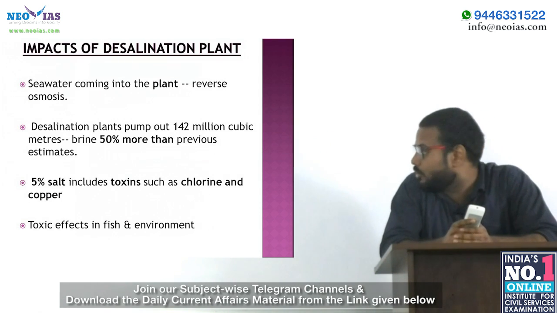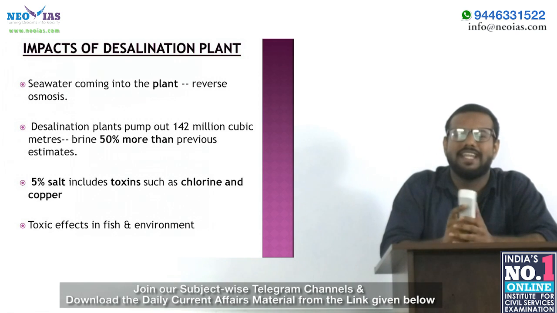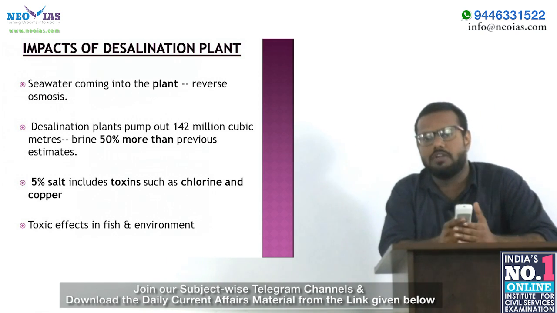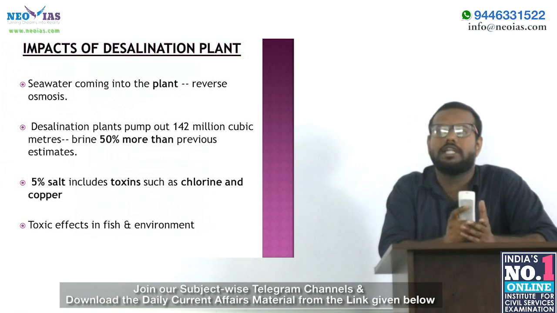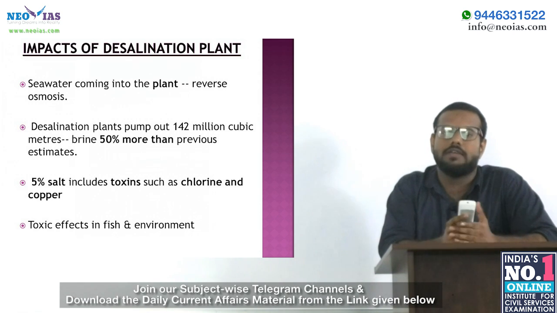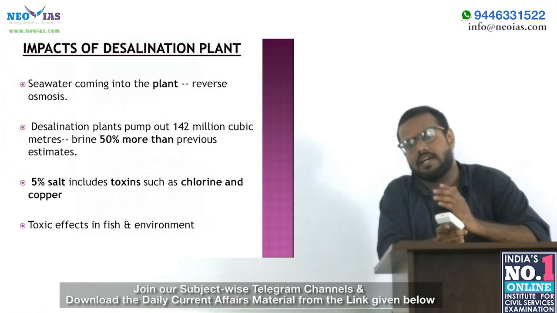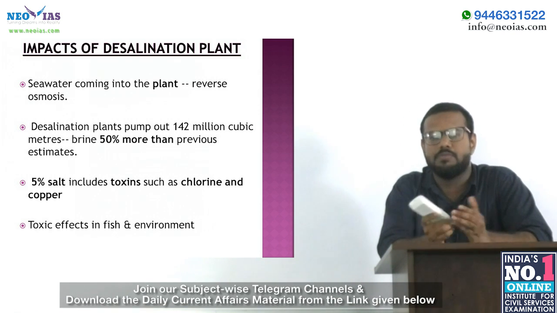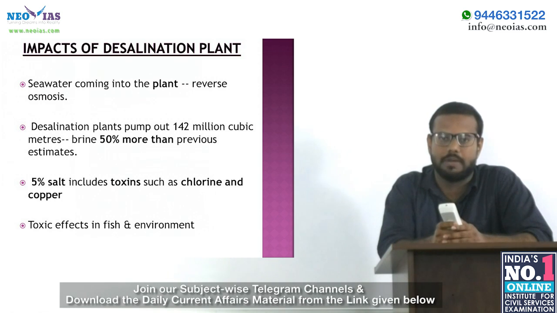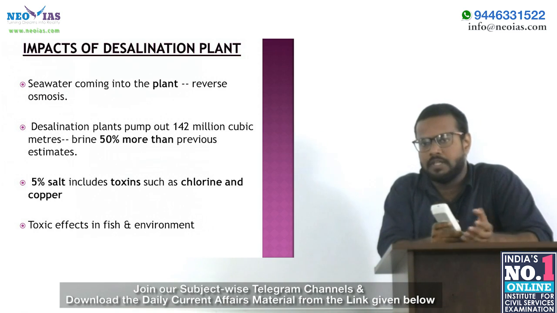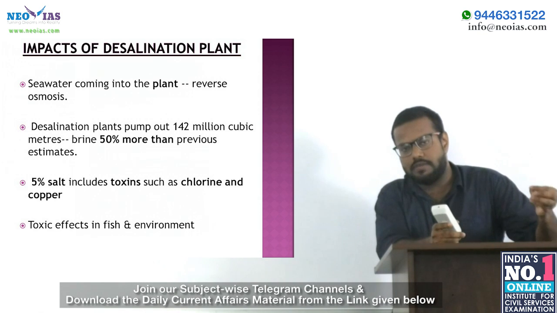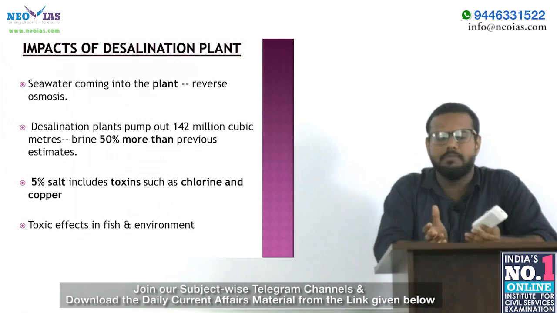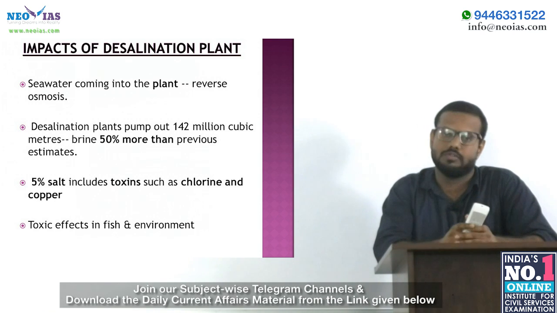And our next news is about the impacts of desalination plants. According to the study, desalination plants worldwide produce highly salty water and toxic chemicals which are discharged into the sea. I hope you are familiar with the desalination plant. Seawater is taken into the plant, and the seawater is converted into fresh water by means of processes like reverse osmosis.